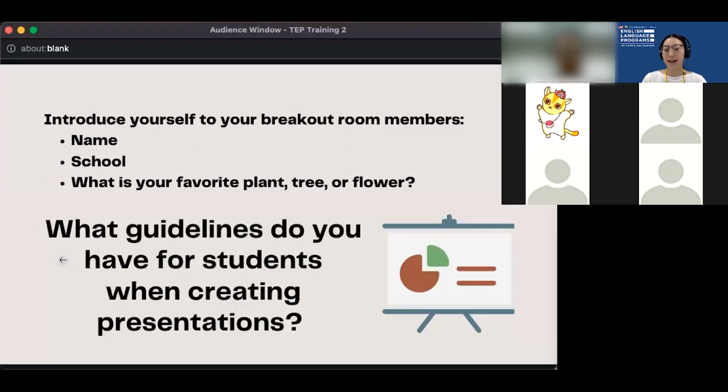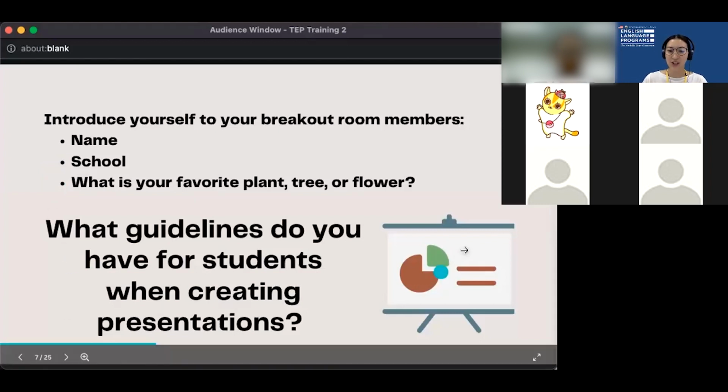So for example, I might say you need 10 slides and you must have your name and title on the first slide. I might include things like you must use pictures or have references. So those are some points I have when I ask students to make a presentation.